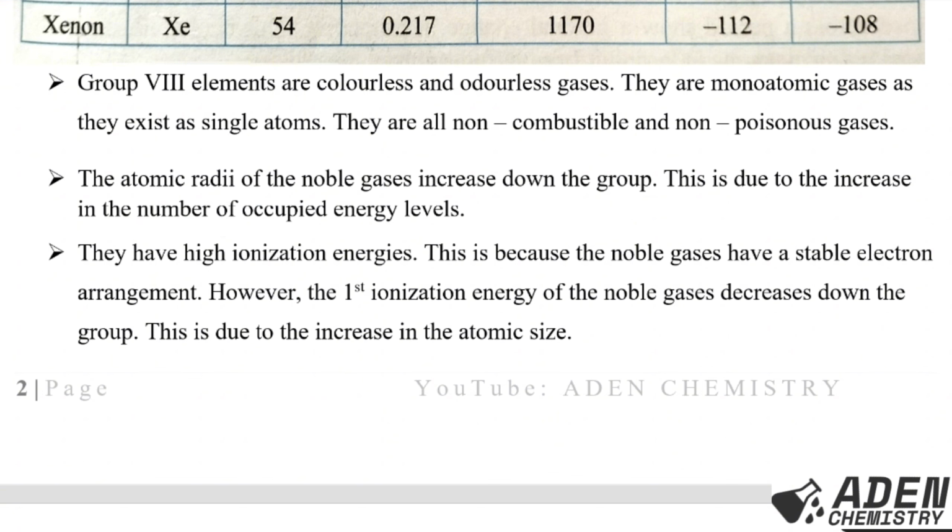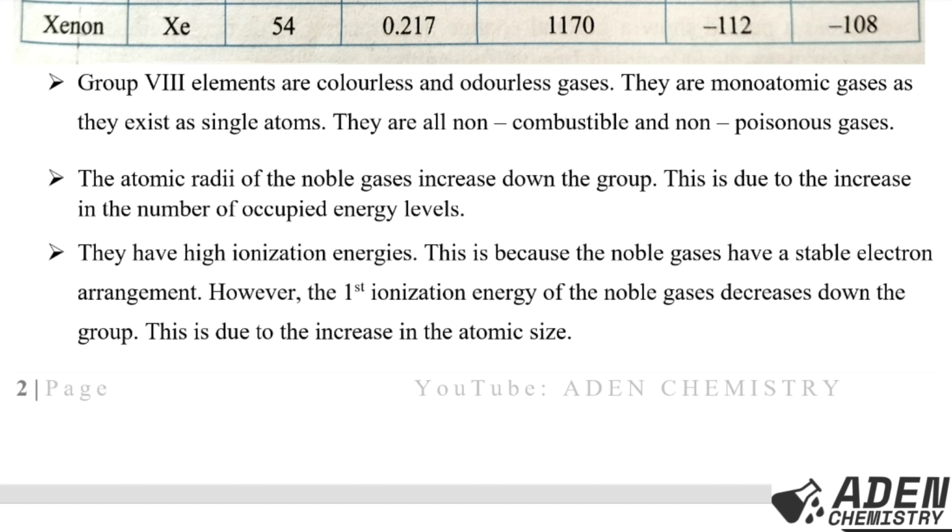So next we are saying they have high ionization energies. This is because noble gases have a stable electronic arrangement. However, the first ionization energy of the noble gases decreases down the group, and this is due to the increase in the atomic size. So if you remember again, we have seen the ionization energy of alkali metal and also alkaline earth metal. In the case of the halogens, we have seen electron affinity.